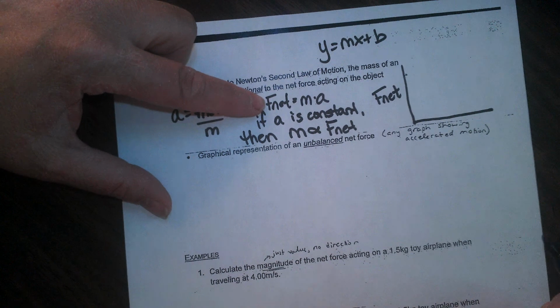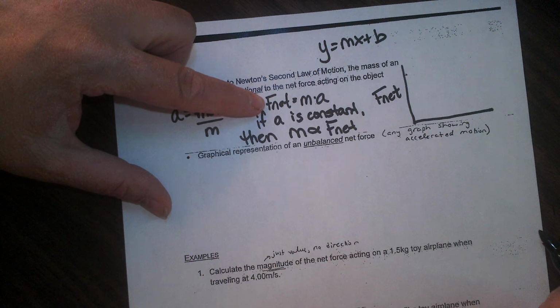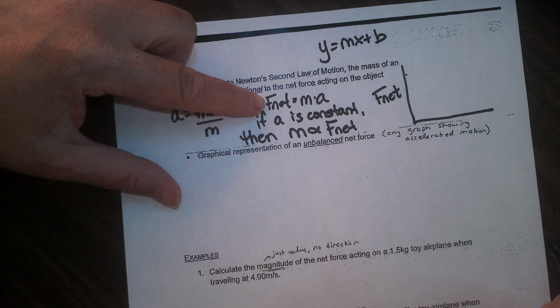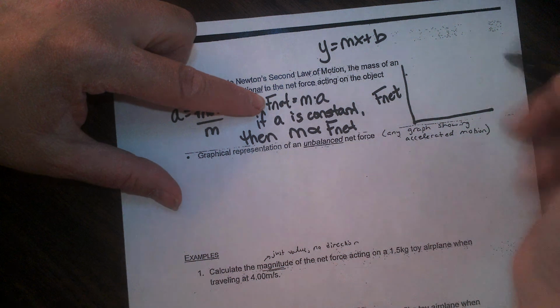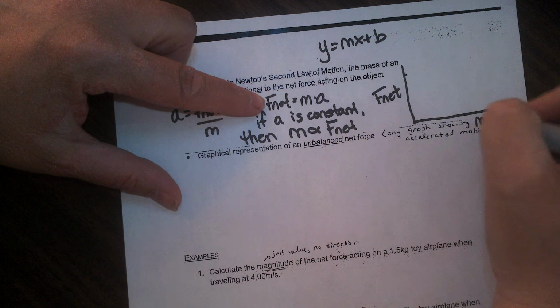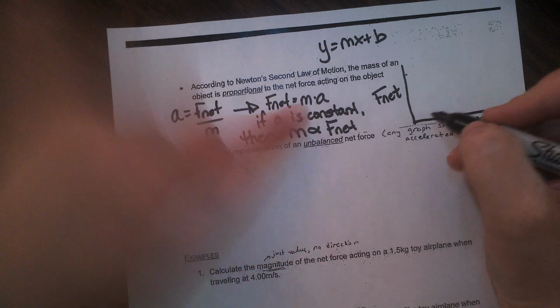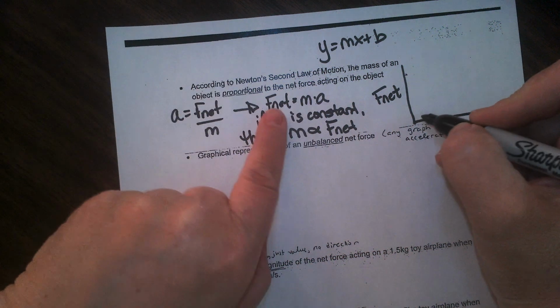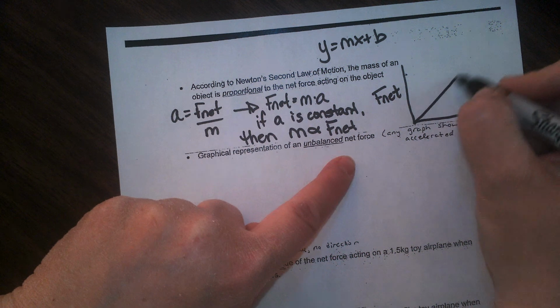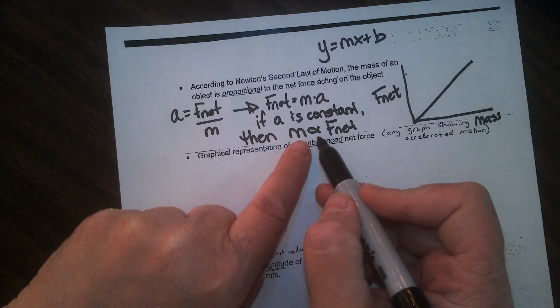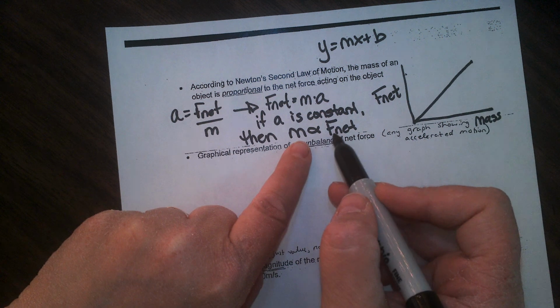So if force net's on the left side of the equation, it's y. Okay? All right. There's another opportunity for you to redeem yourself. Okay. So if I put mass here, as mass increases, force net will increase because mass is proportional to force net.